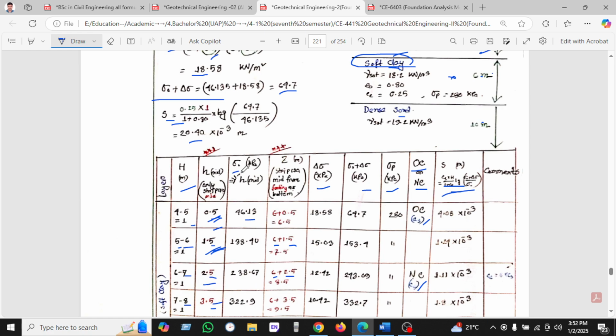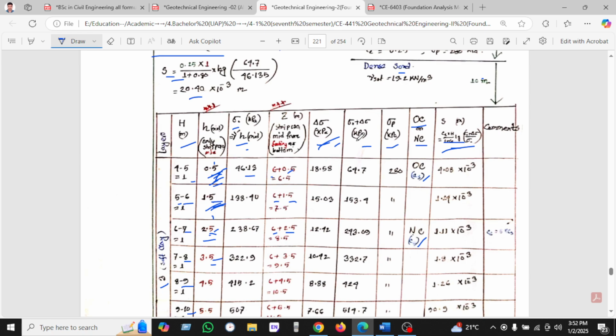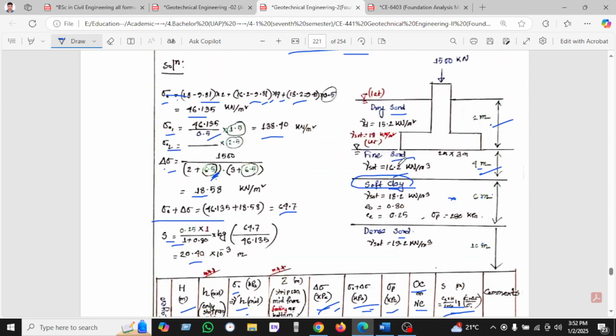Sigma naught is gamma into H, which varies as 0.5, 1.5, 2.5, and Z is the strip middle of the footing to the bottom, which is 6 into 0.5, where 0.5 is given H, then 6 into 1.5 and 6 into 2.5 consequently. And delta sigma varies according to Z. Sigma plus delta sigma is also here, and the pre-consolidation pressure is given as 283.